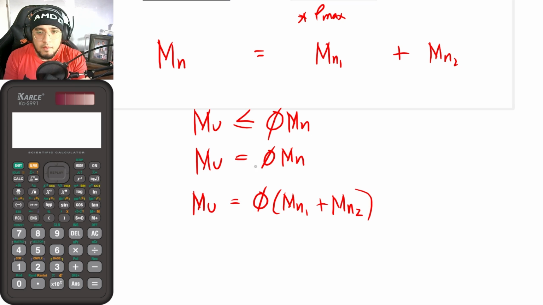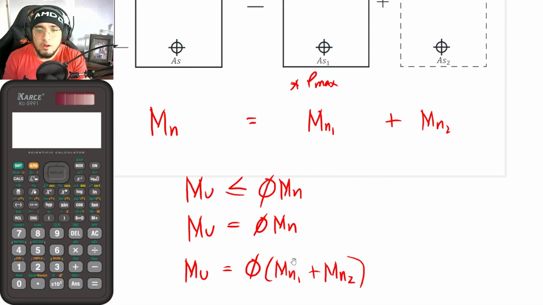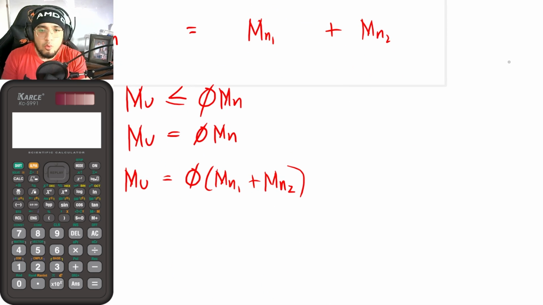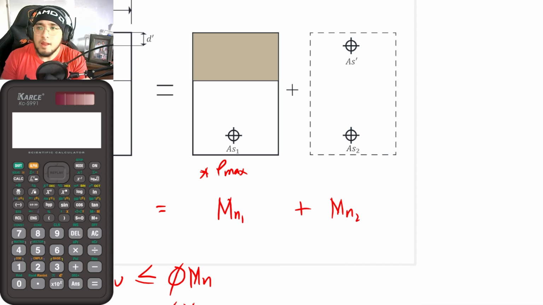From this equation, of course, you know the value of Mu, but you do not know the values of Mn1 and Mn2. For Mn1, you can actually solve for the nominal capacity of your singly reinforced beam. And for Mn2, once you already know the value of Mu and Mn1, you can solve for the value of Mn2.